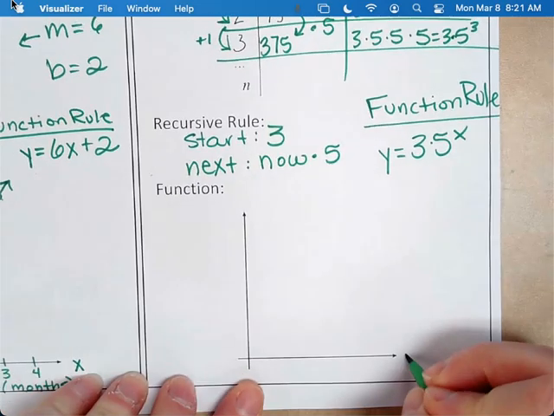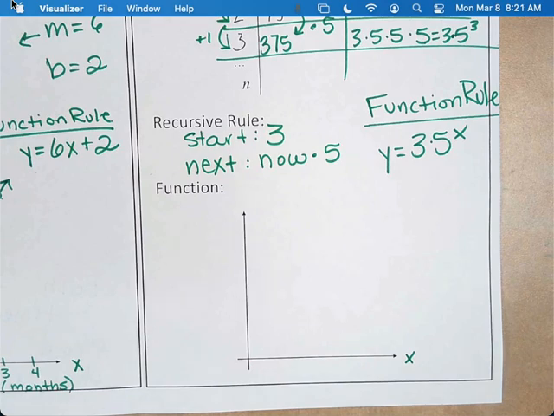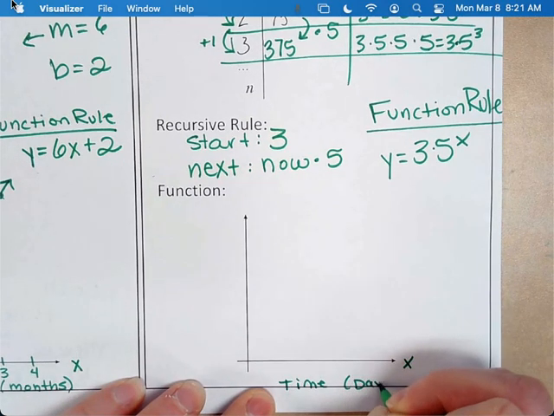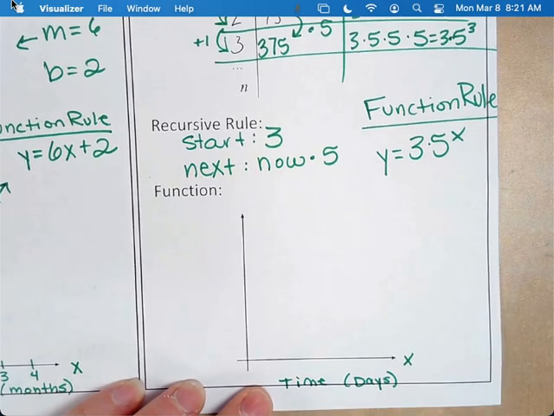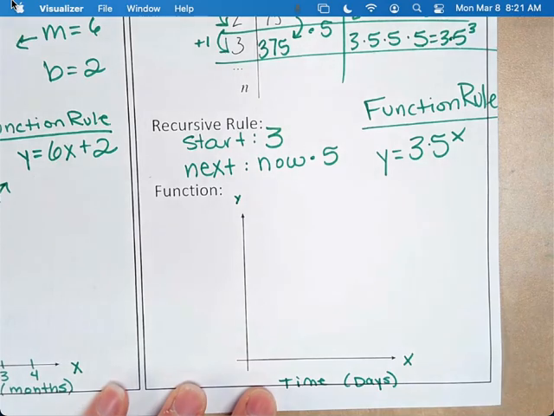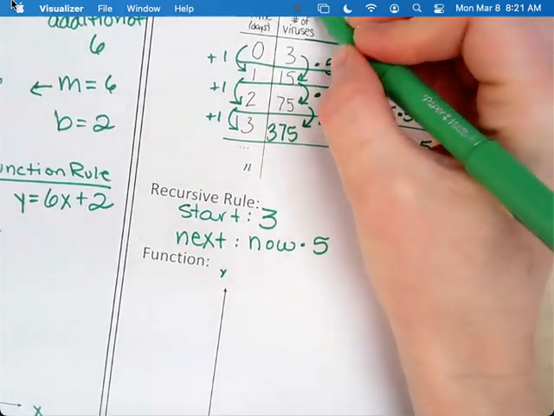So the x-axis, what does that represent? Yeah, time in days. And what does the y-axis represent? Oh, number of viruses.